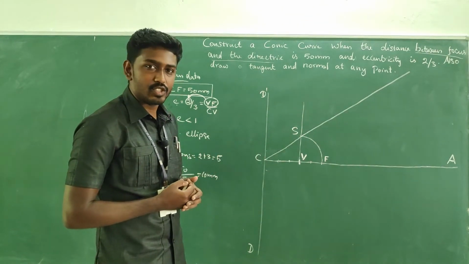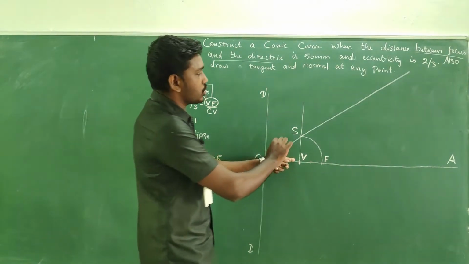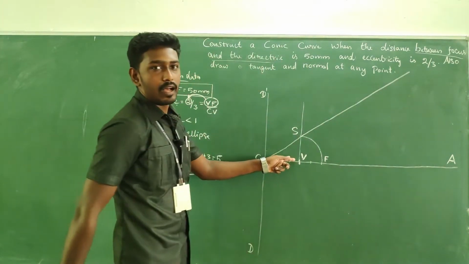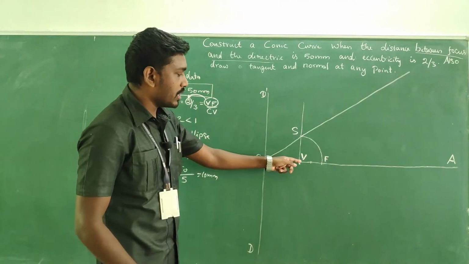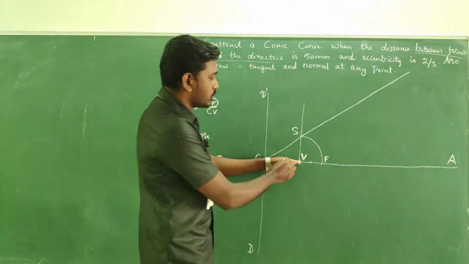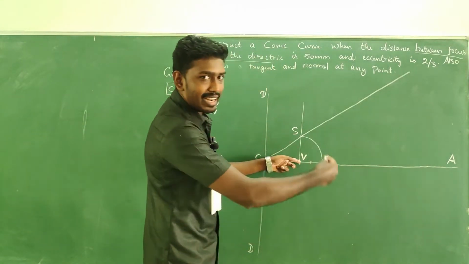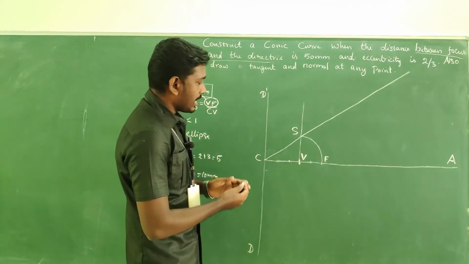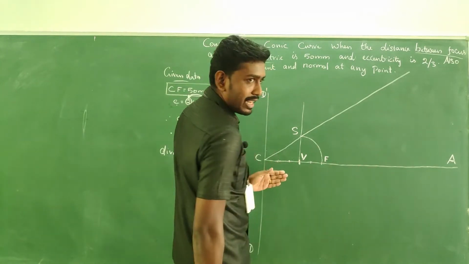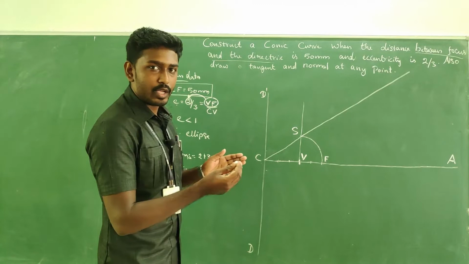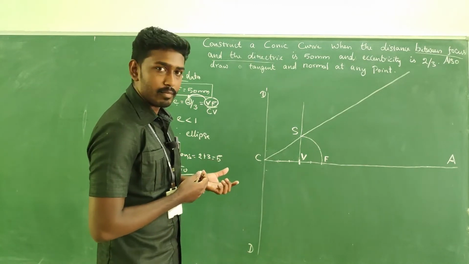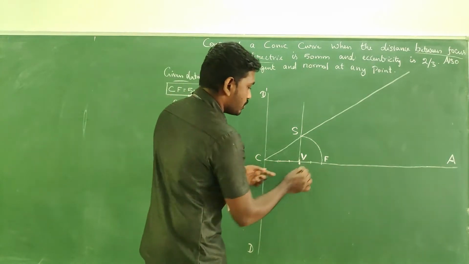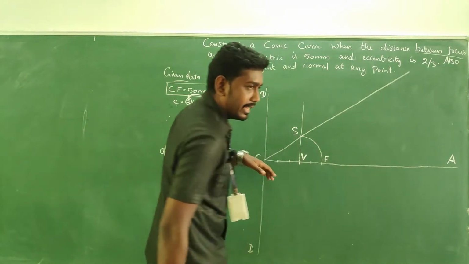The next thing, after completing it, is that we are going to trace the ellipse profile. From the vertex we need to draw a line. To draw a vertical line to the axis, I am going to take a measurement with a gap of 10 mm. From the vertex we take the vertical lines perpendicular to the axis.